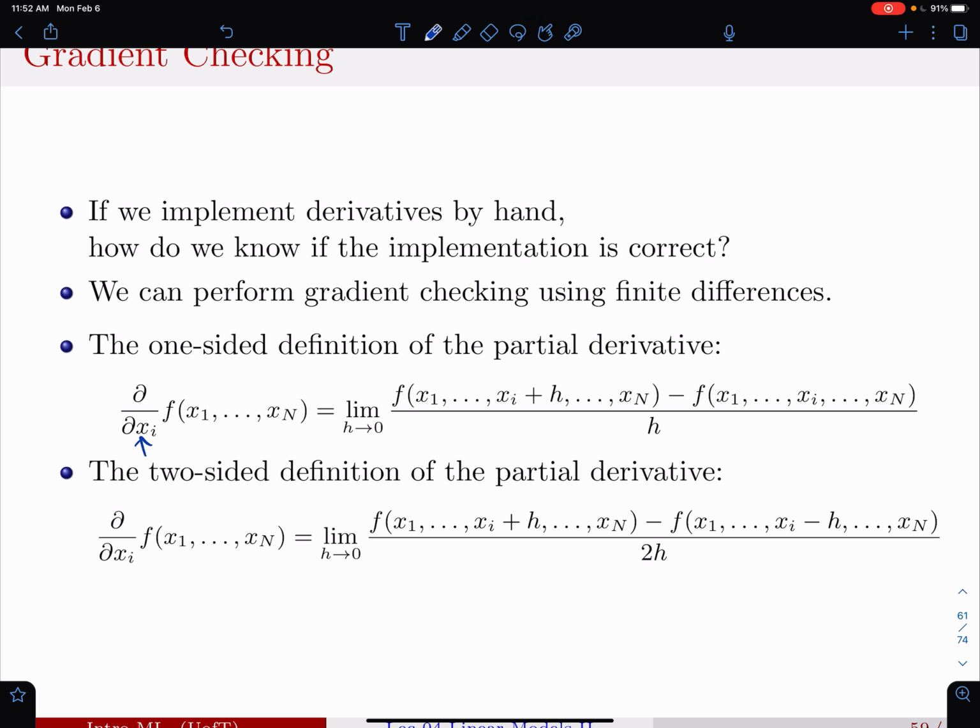If you write it out as an algebraic expression, we define it to be the difference of xi plus h minus, I guess we want the two-sided definition first because it's a more general definition. So we zoom in on xi plus h and compare it to the difference in function values at xi minus h. And then as you make h smaller and smaller, that's what the gradient actually captures.